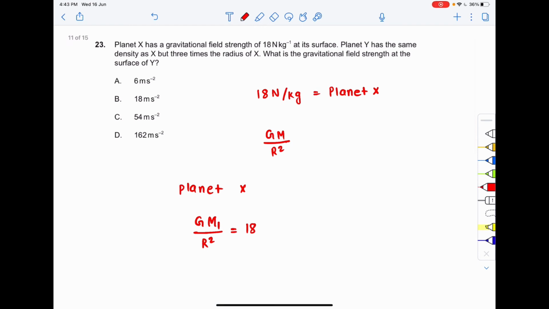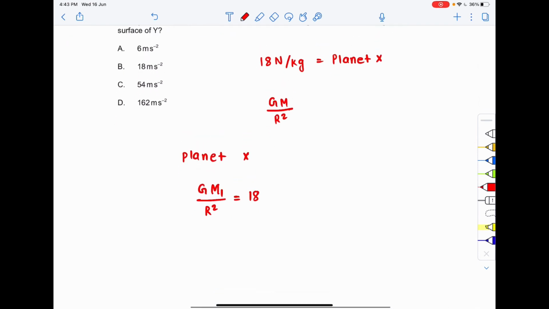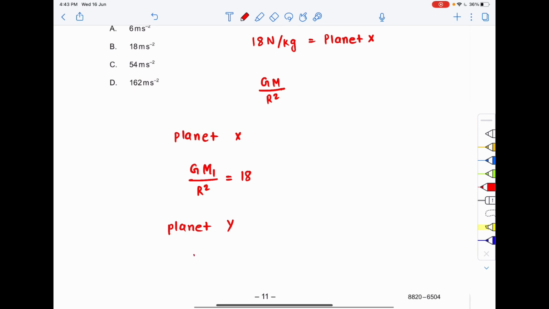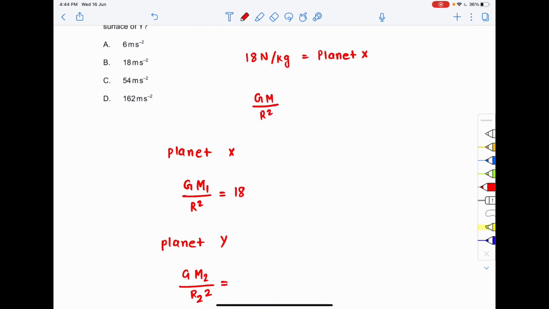Okay, and for planet Y I can write that, suppose the mass of the planet Y be m2. Okay, so that means G m2 divided by r2 square. Okay, so let the gravitational field strength on the surface of the planet Y be k. So G m2 divided by r2 square will be equal to k.